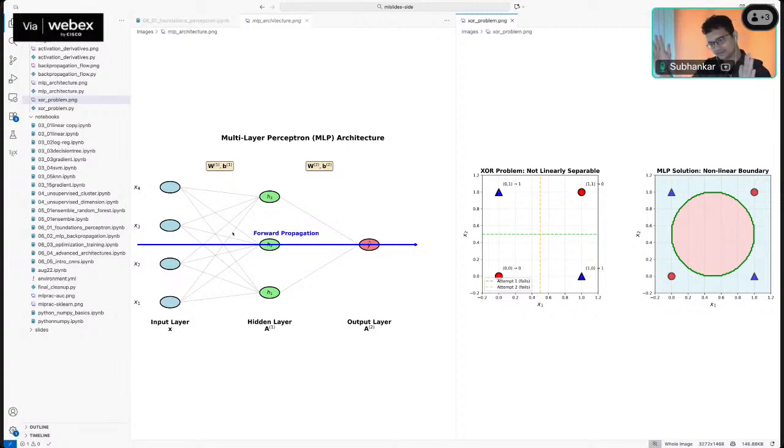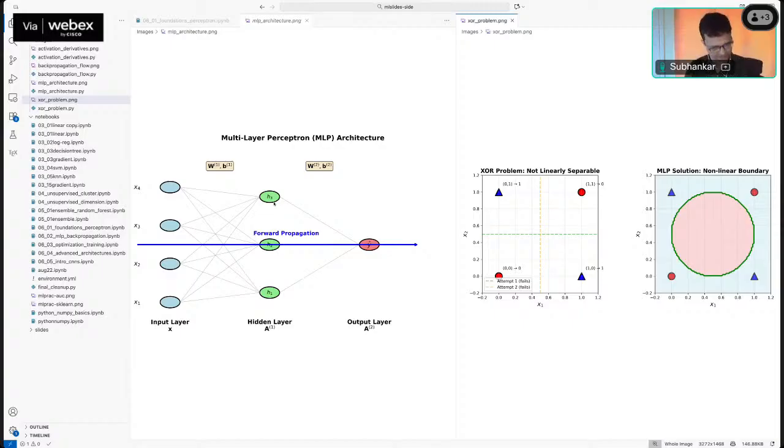The way to write it is W with a superscript 1 in brackets. That means all these weights belong to the layer 1 weights. Once we have this for H3, H3 gets input as W1x1 plus W2x2 plus W3x3 plus W4x4 plus the bias, and we add them all together.